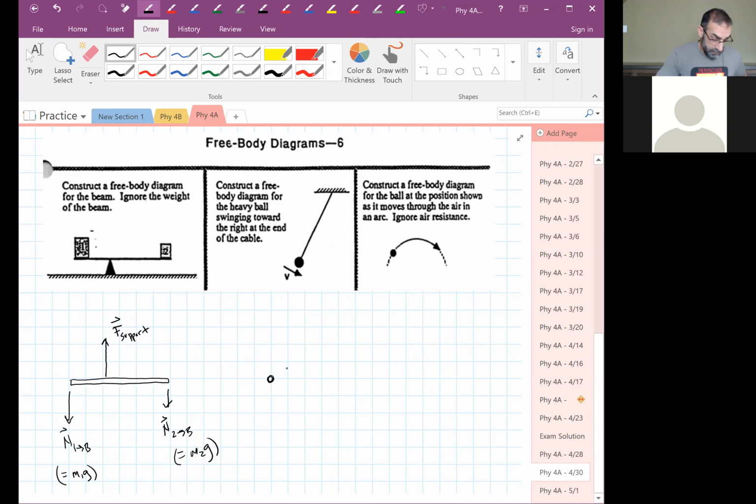Yeah, so if you just want to draw it the way it's done here, we've got a tension in the string along the length of the string. And we have weight, the force of gravity, that points toward the center of the earth. And you could leave it like that.